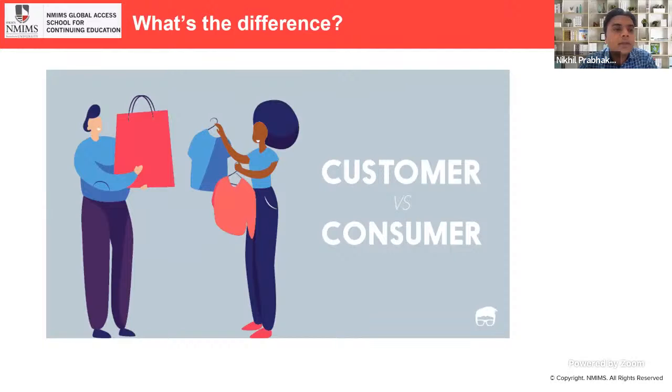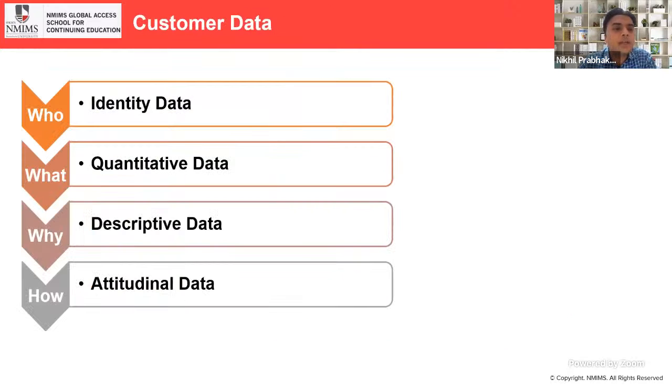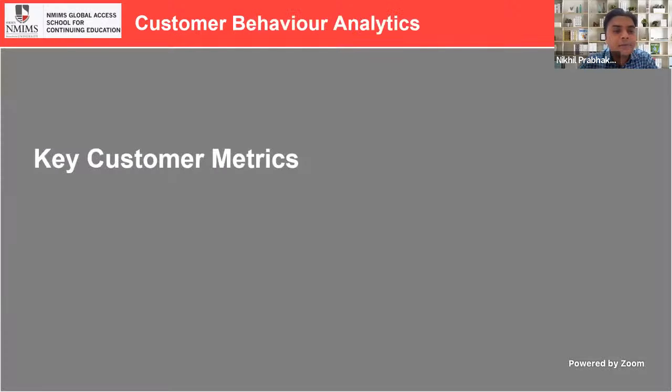We looked at the difference between customer and consumer yesterday. Then we started delving into the different data that we will collect: identity data, what customers are doing in the process of buying, why they are doing a particular action, and how they go about their entire purchase decision. This is roughly what we discussed from the data perspective.